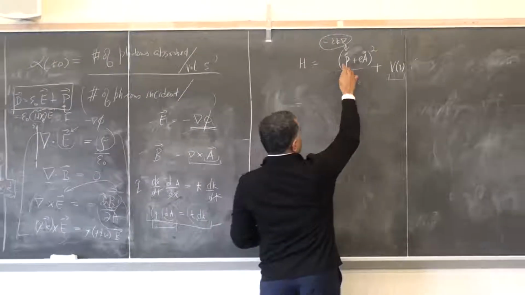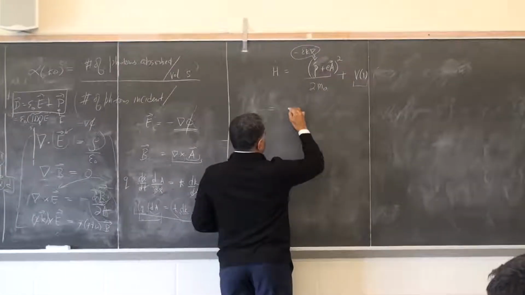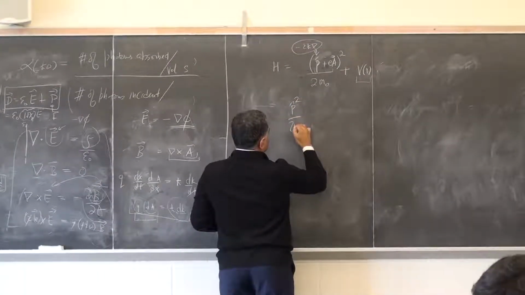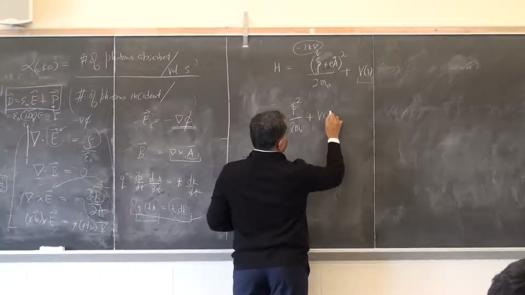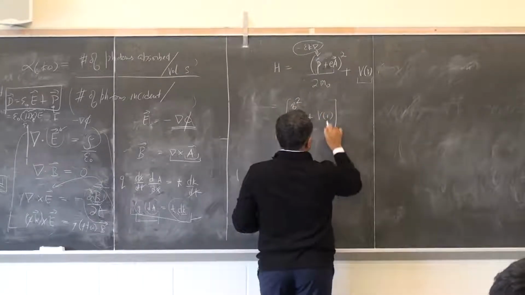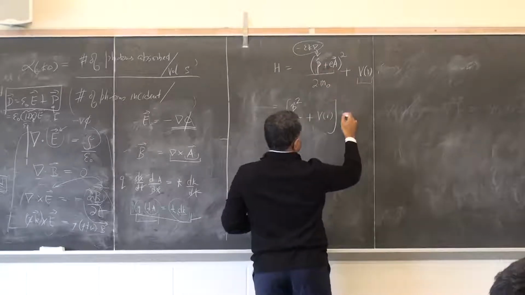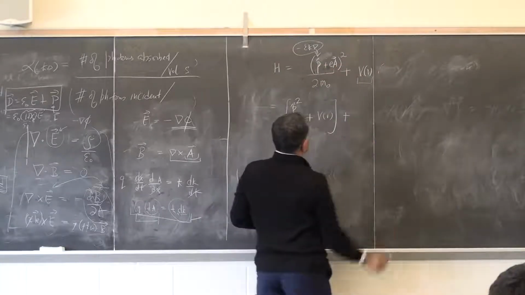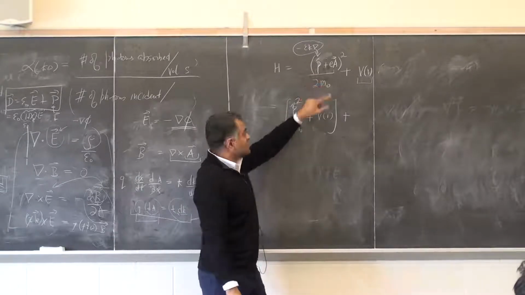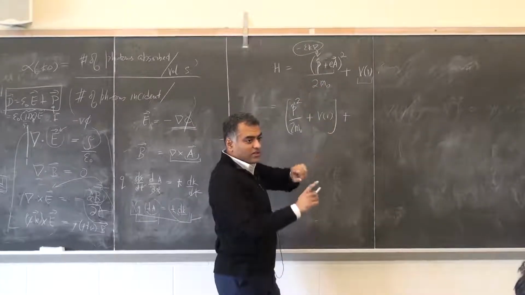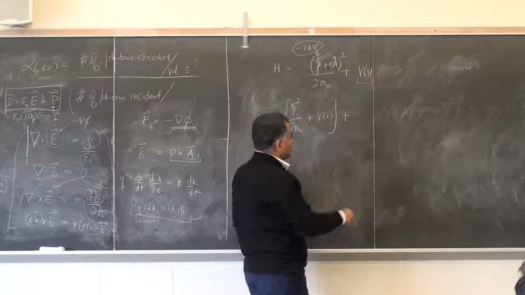So the first step is you open out this square: P squared by 2 m naught plus V of r. I'm just going to rewrite this. This is an operator, so when I open a square, I must be careful not to change orders.